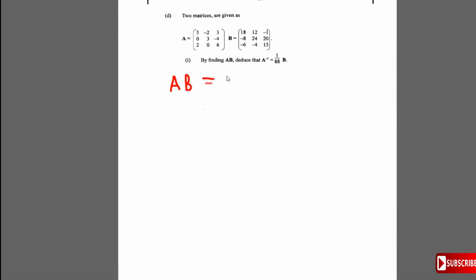Matrix A times matrix B is going to be row by column. It's going to be 5 times 18 plus minus 2 times minus 8 plus 3 times minus 6. You're going to get 88 here. Without even working it out, I can see it's going to be 88, 0, 0, 0, 88, 0, 0, 0, 88.